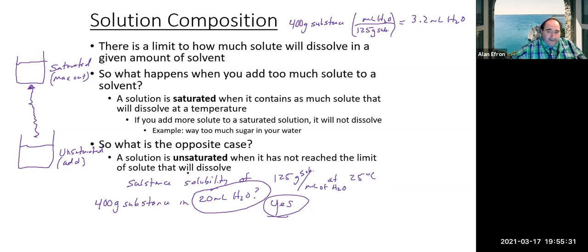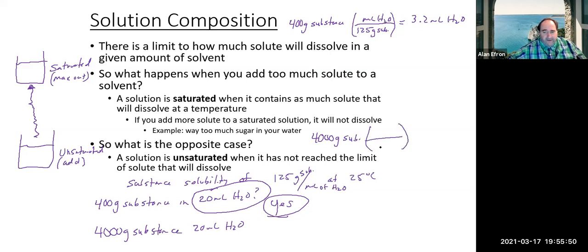Now, if I change that and I wanted to do 4,000 grams of my substance in that same 20 milliliters of water, could I get it to dissolve? We could do the same calculation, using the solubility as a conversion factor.